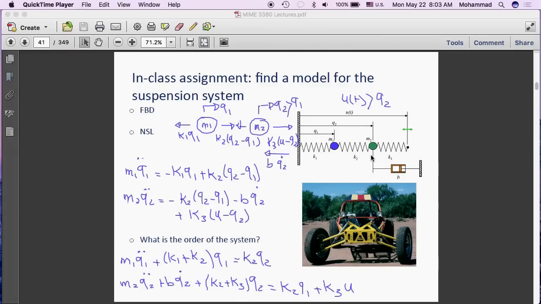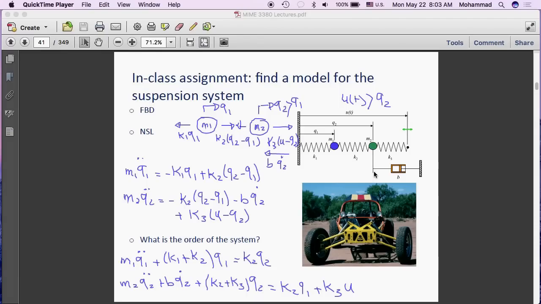Now, stretching that spring means the force that the spring applies to mass 1 would be in what direction? The force that the second spring applies to mass 1, if it is stretched, would be in what direction? Use the direction of positive q1 to tell me. Is it in the same direction as q1 positive? It is.